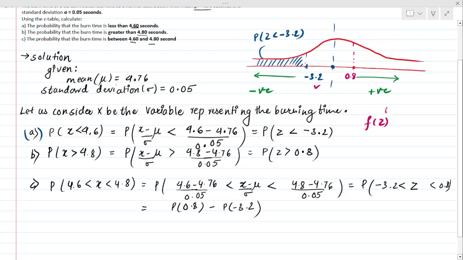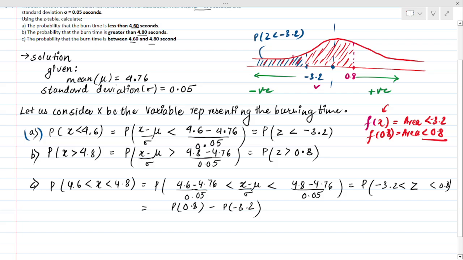When I plug in the value minus 3.2, it will give me the area that is less than minus 3.2. When I plug in the value of 0.8, it will give me the area that is less than 0.8. So that means when I plug in z, it will give me this whole area in the z table.